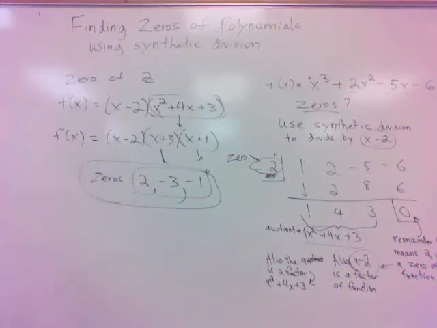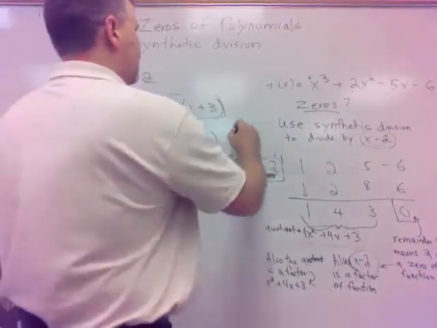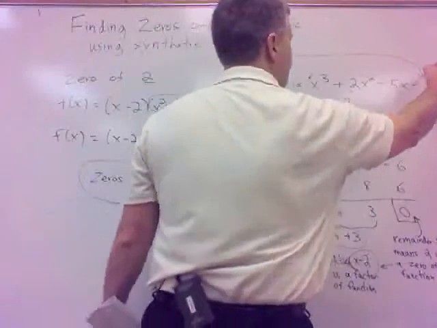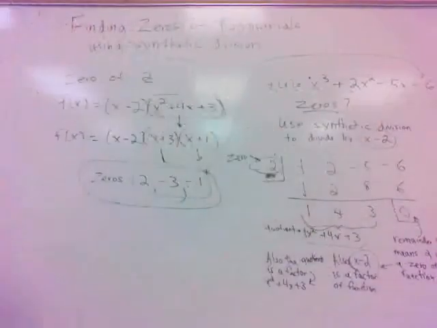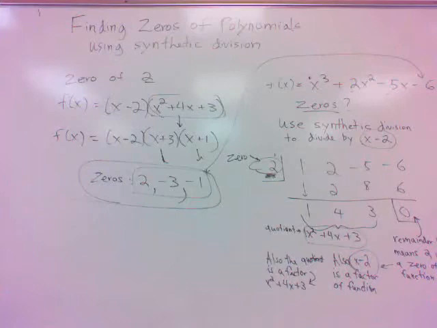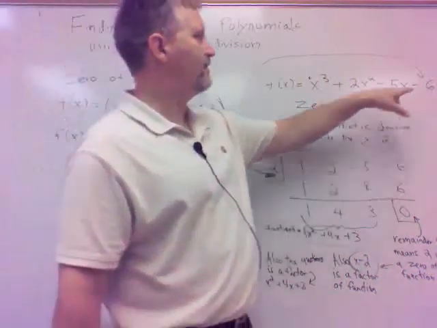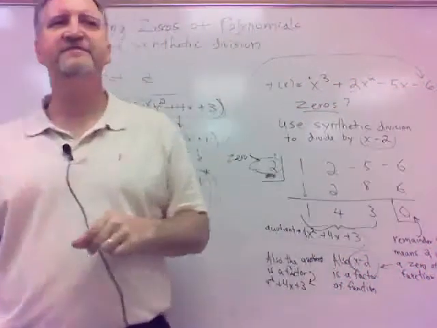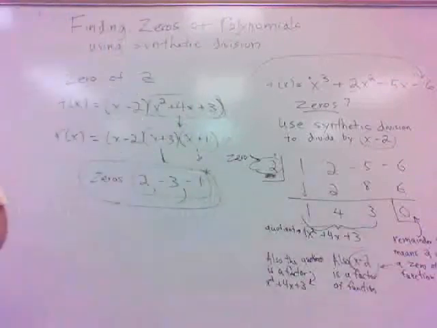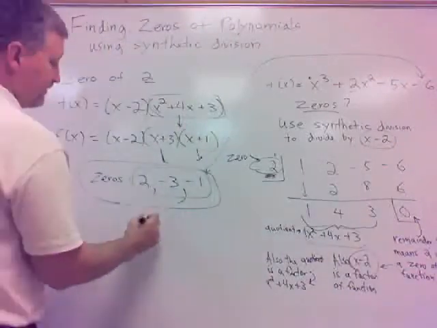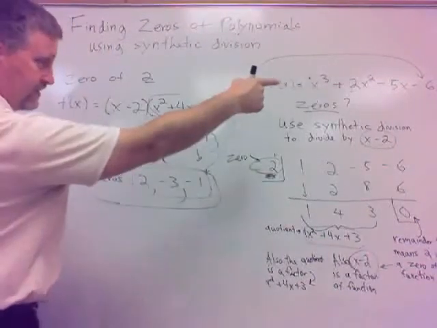But notice something about them and the constant term of the polynomial there. Notice that these 2 and -3 and -1 are all factors of -6. 2, -3, and -1 are all factors of the constant term, the -6.